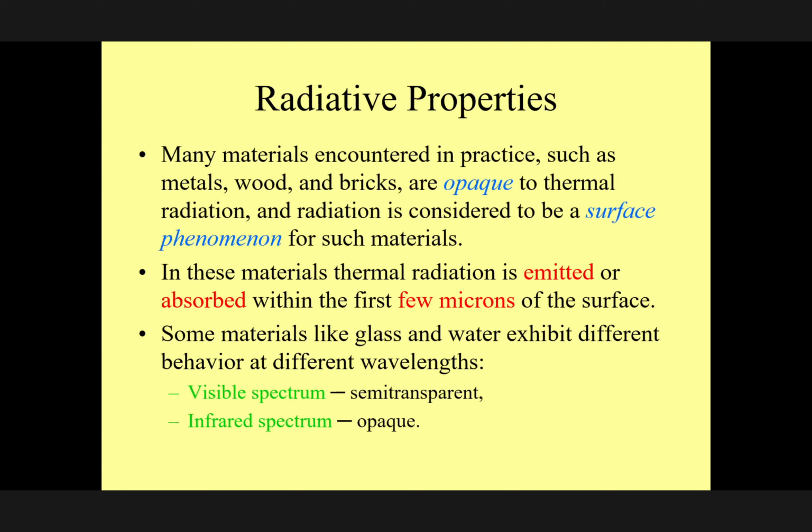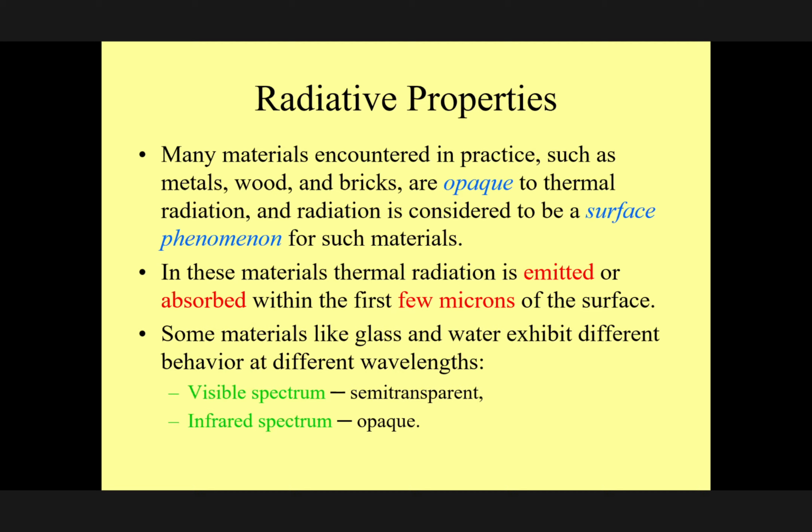Now we go back to look at the physical properties of the material when we are dealing with energy storage and conductivity. Many materials encountered in practice, such as metal, wood, and brick, are opaque. Okay, therefore now we are talking about what the physical properties are. What is opaque? It means the transmissivity of the material is 0.